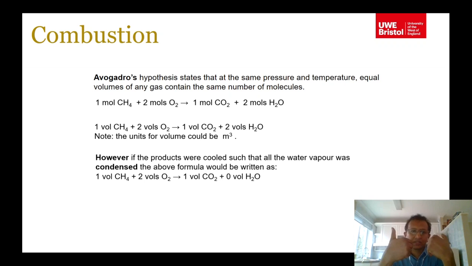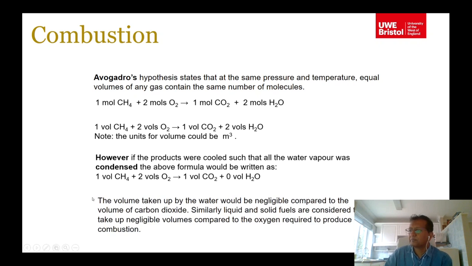Therefore, you can discard the volume of that. So your equation becomes 1 mole of CH4 plus 2 moles of O2 producing 1 mole of CO2 and 0 volumes of H2O.